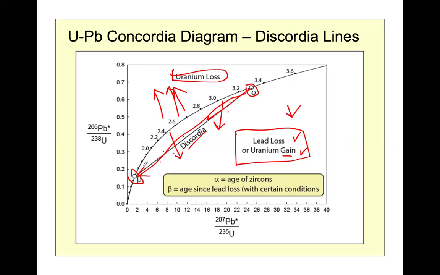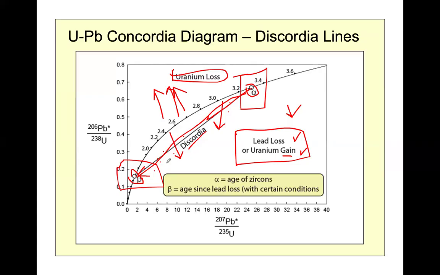So you can draw the discordia line, and then you can have two points which intersect the concordia. Naturally your samples do not plot on top of the concordia curve, which means your samples must have been in a disequilibrium condition.